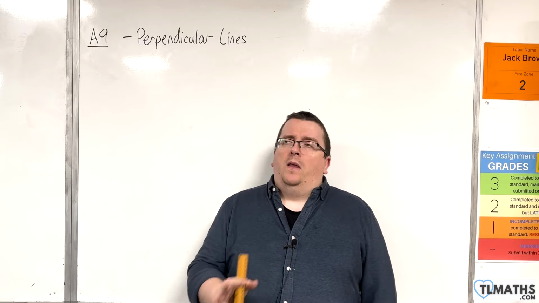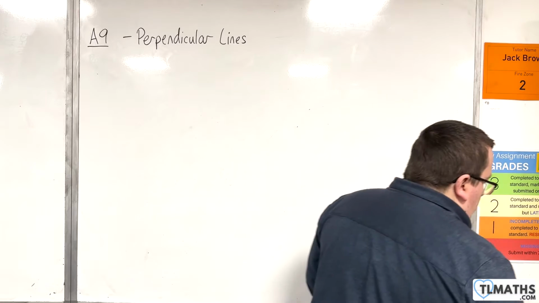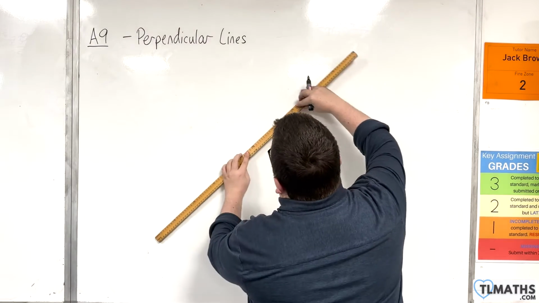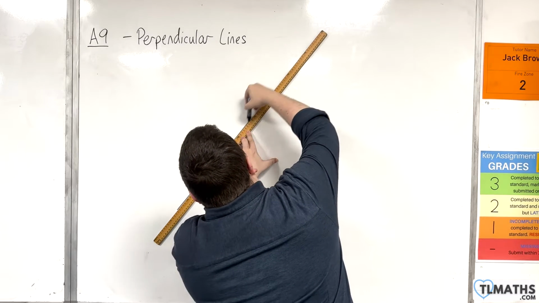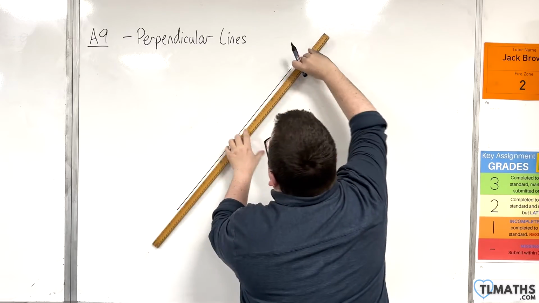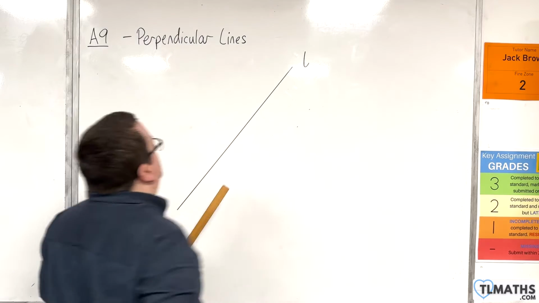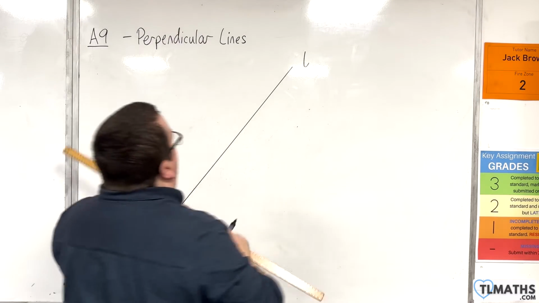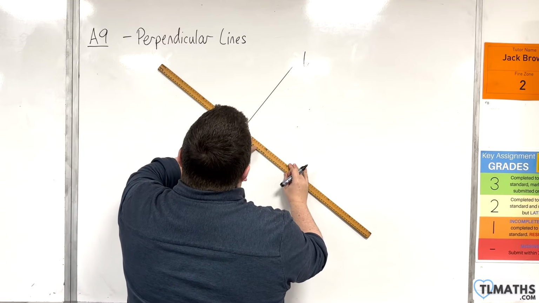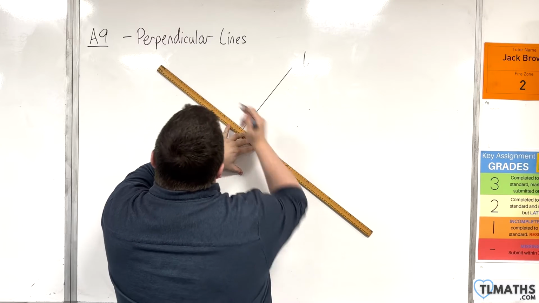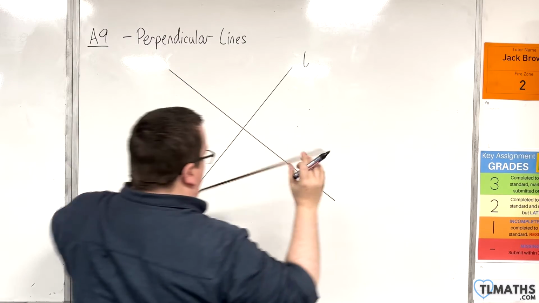So in this video I want to introduce you to perpendicular lines. Okay, so if you've got a line, let's say this here, and we can call this line L, then a perpendicular line, so let's draw that in, would be a line like this.